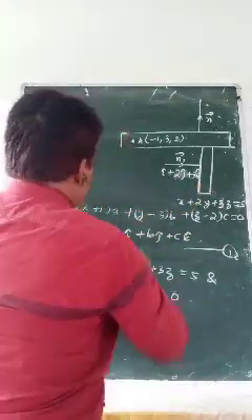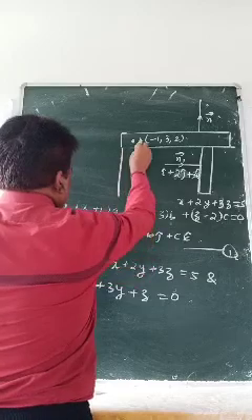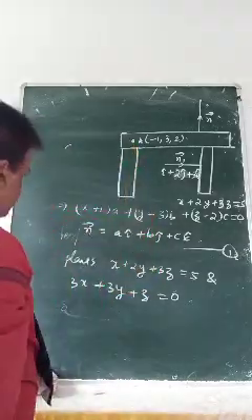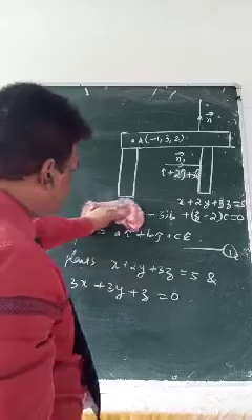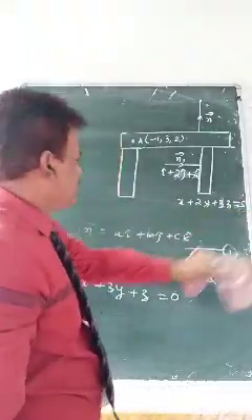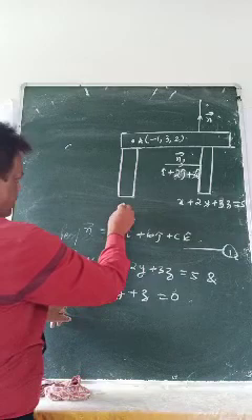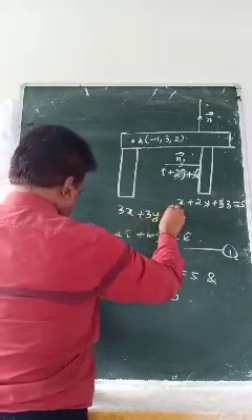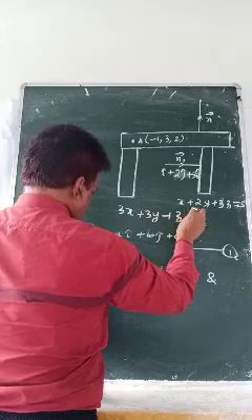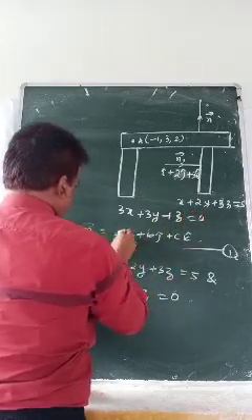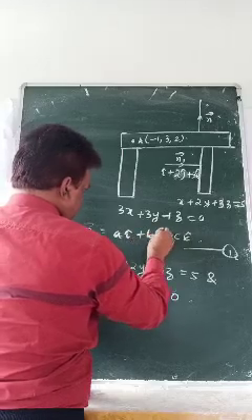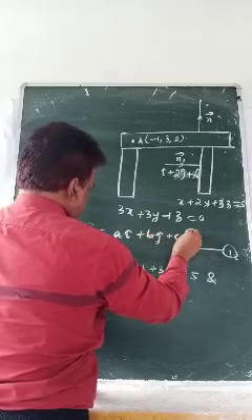Also, this plane is perpendicular to another plane, which is 3x plus 3y plus z equals 0.